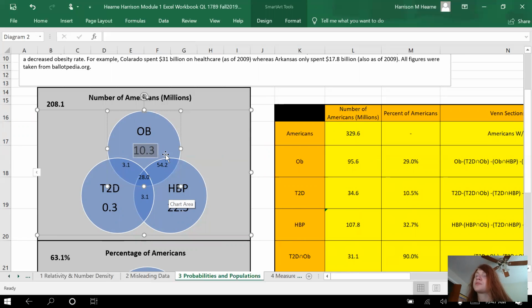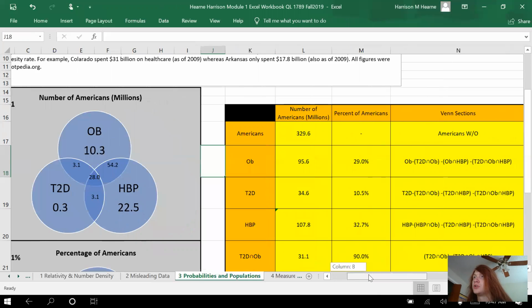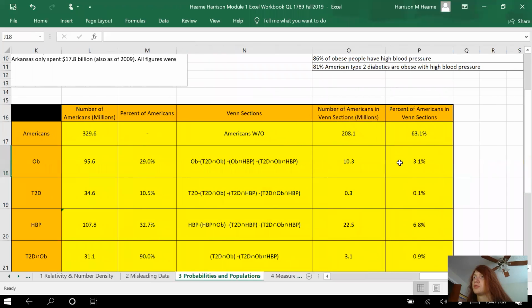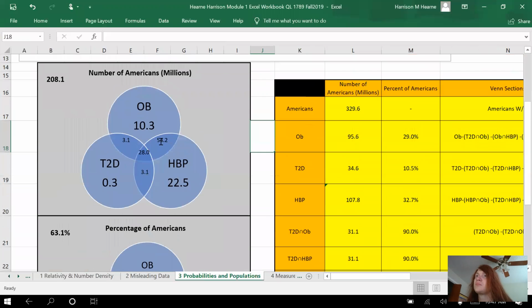So 10.3 million Americans have obesity, but not type 2 diabetes or high blood pressure, which, if we just take a look over here at our chart, is 3.1% of Americans. Oh, I don't need to do that, because I have this nice handy Venn diagram right below me that gives me all that same information.